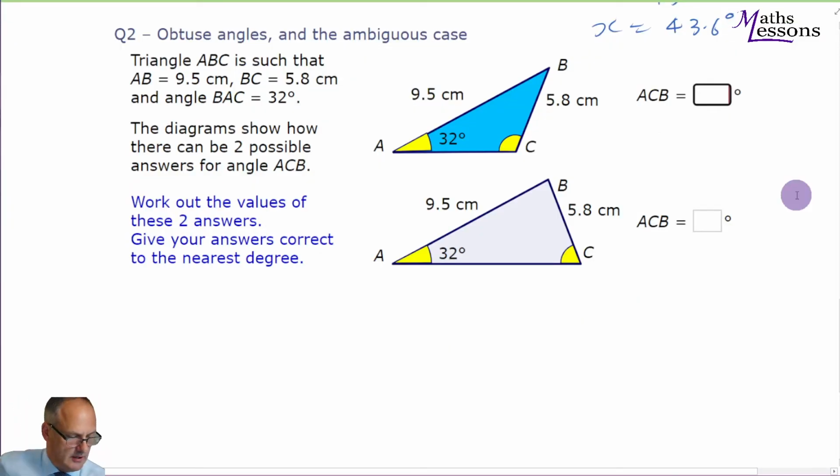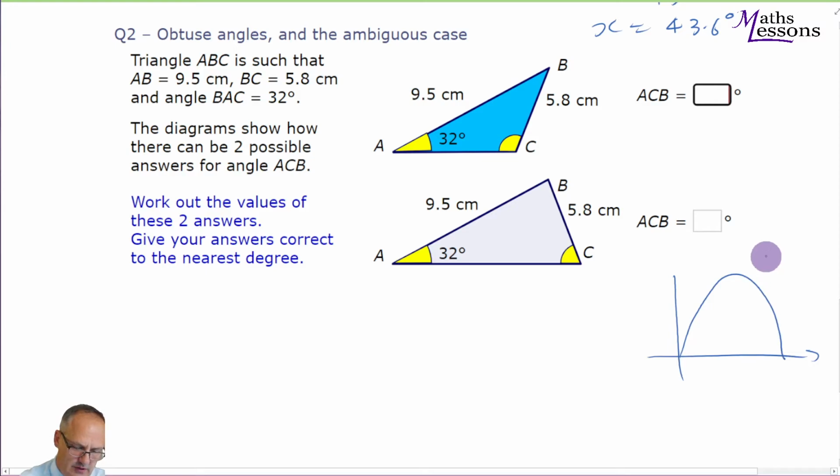We're going to look at obtuse angles and the ambiguous case. Now the problem is, because of the shape of the sine curve, so this is y equals sine x, and this is 90 degrees, and this is 180 degrees, and this is 0. What you can see is there is a value between 0 and 90 where the sine of x is the same as a value between 90 and 180.